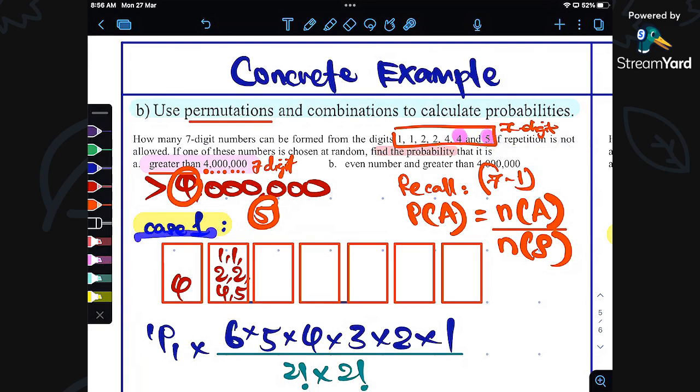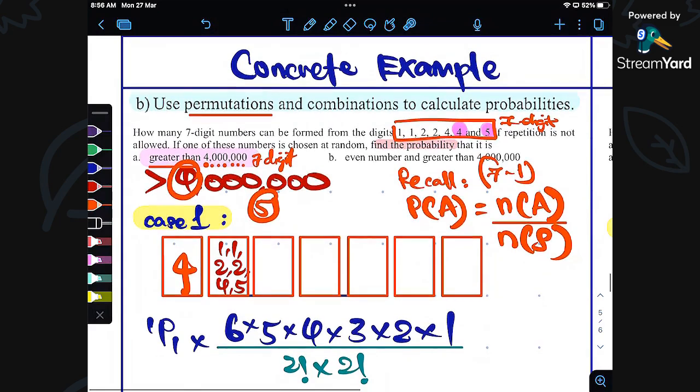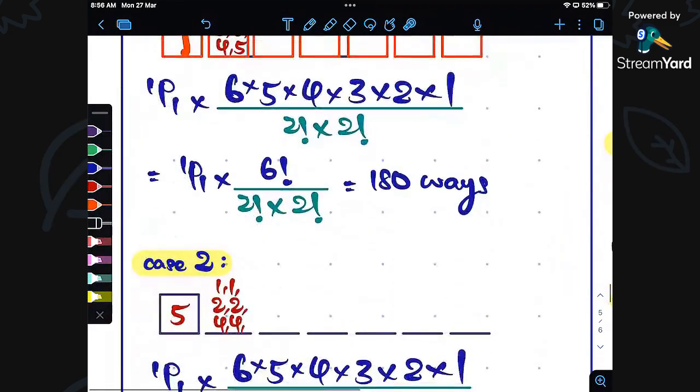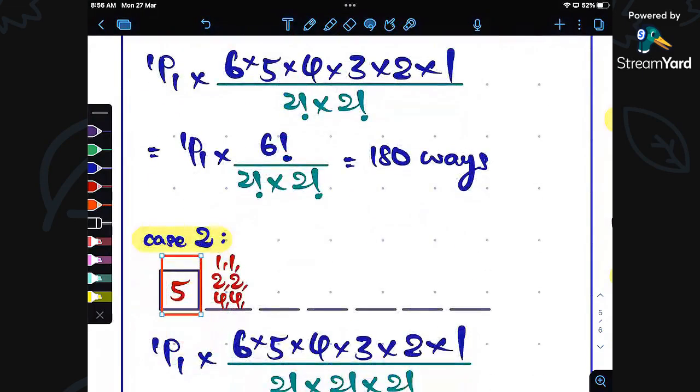So we have here case number 1, where the digit 4 is at the beginning of the number. It must be 4 million and above, right? Same goes for case number 2. Let me duplicate this one first. Case number 2, the same thing.